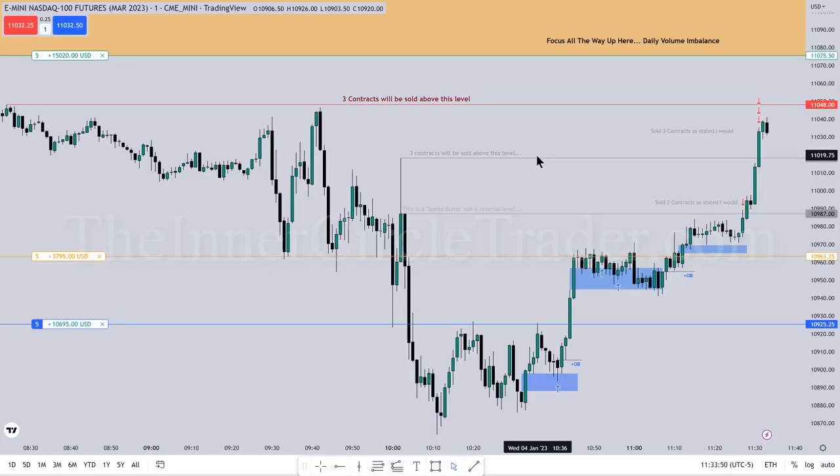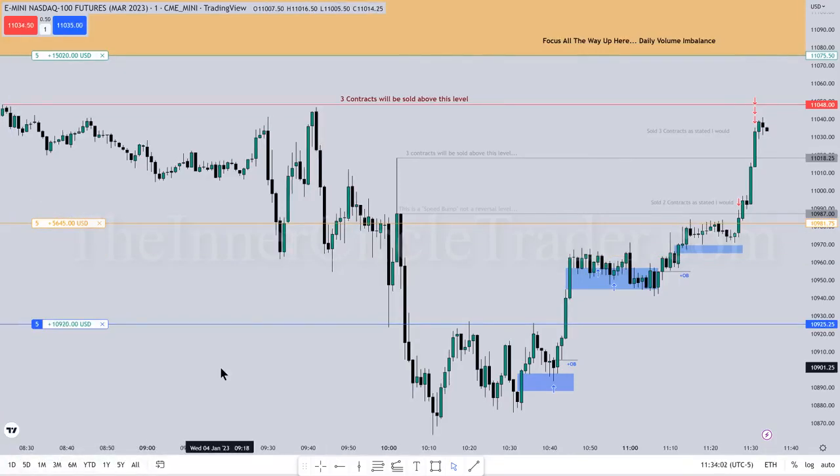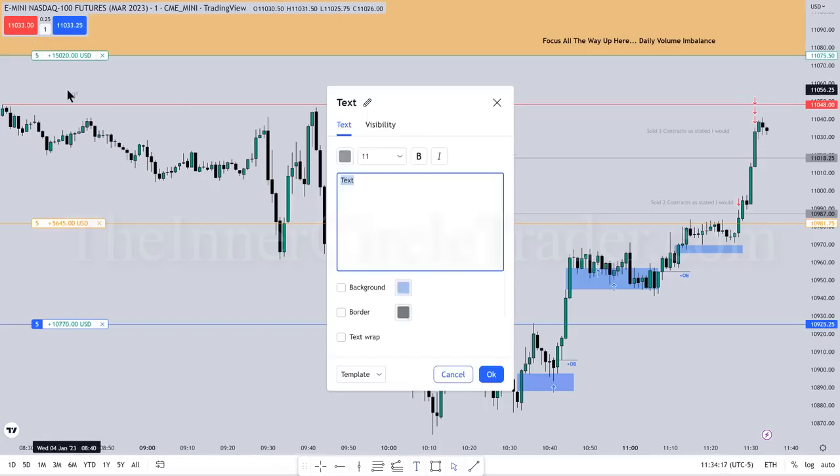I'm peeling them off as the candlesticks are forming and expanding more and more and more. I'm not just dumping all of them. If I want to take 3 off, I'm not just doing, okay, let me just take 3 off immediately. I'm going to try to squeeze as much juice as a lemon as I can. And sometimes it's really nice, and other times it doesn't allow me to get all of them off.